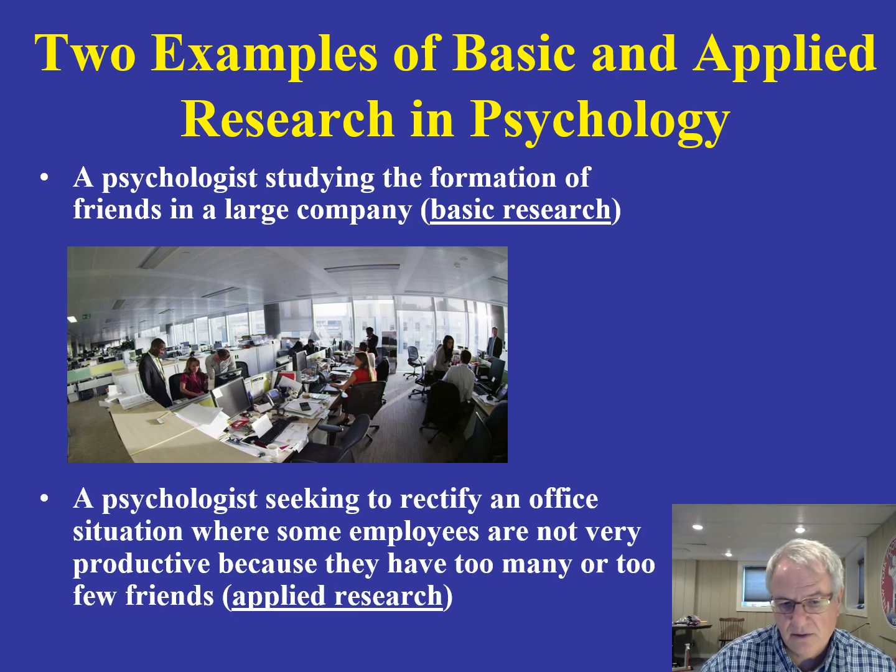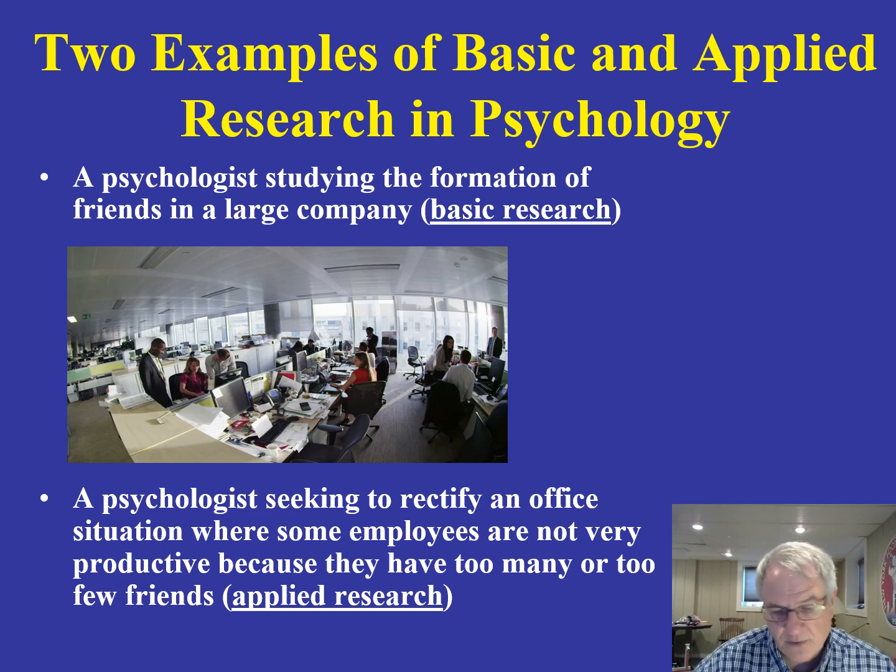But let's take a look at a psychologist who is interested in application, like an industrial organizational psychologist, who actually might try to rectify that office situation based upon the findings of that basic researcher in order to improve the productivity of that company.